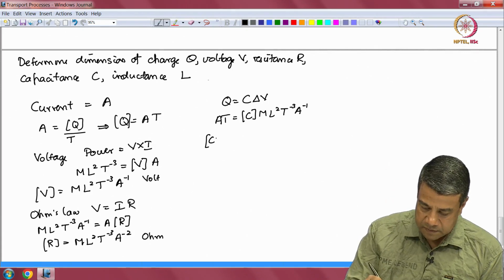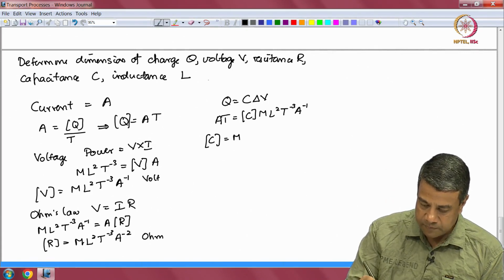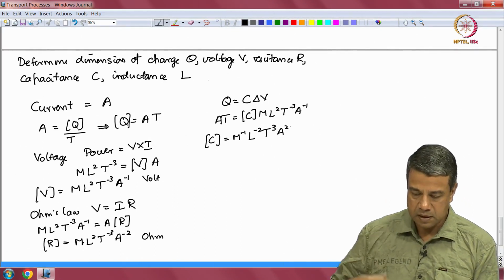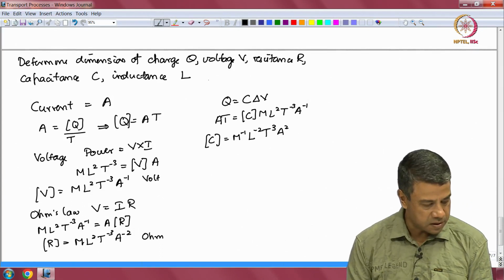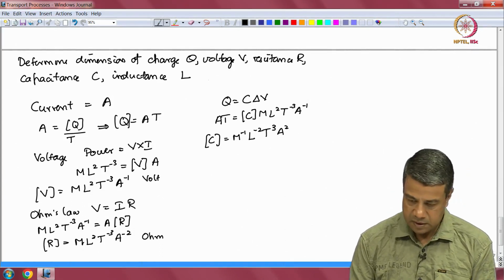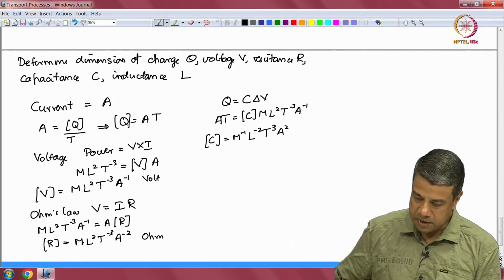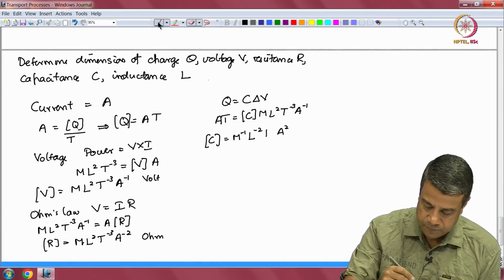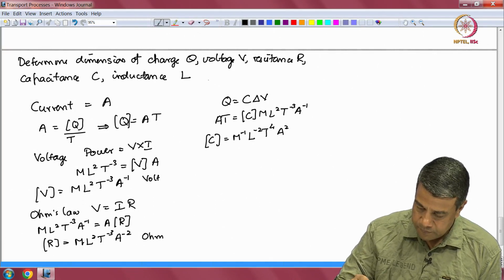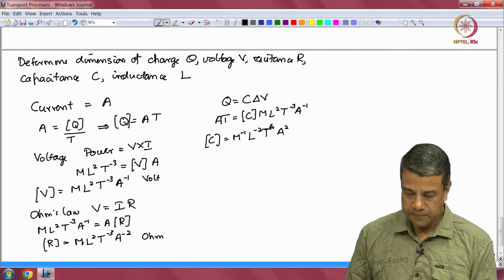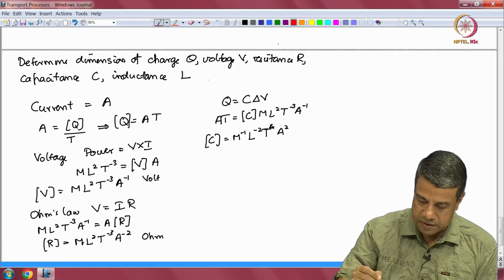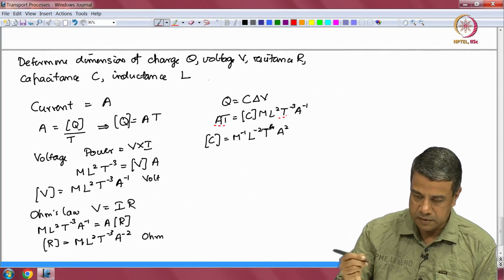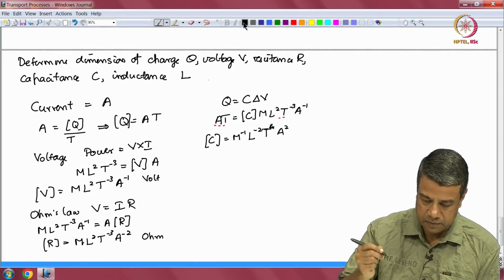Which means the dimension of capacitance is m inverse L power minus 2 t power 3 A square, I just divide throughout by the dimension of voltage. I am sorry, it should be t power 4, because I have an A T on the left side and I have t power minus 3 on the right side. So, it should be t power 4.